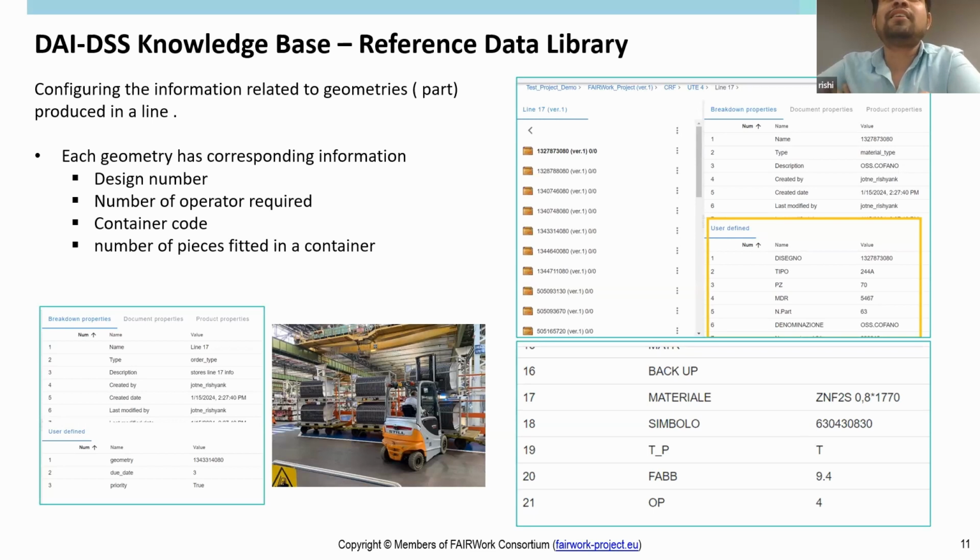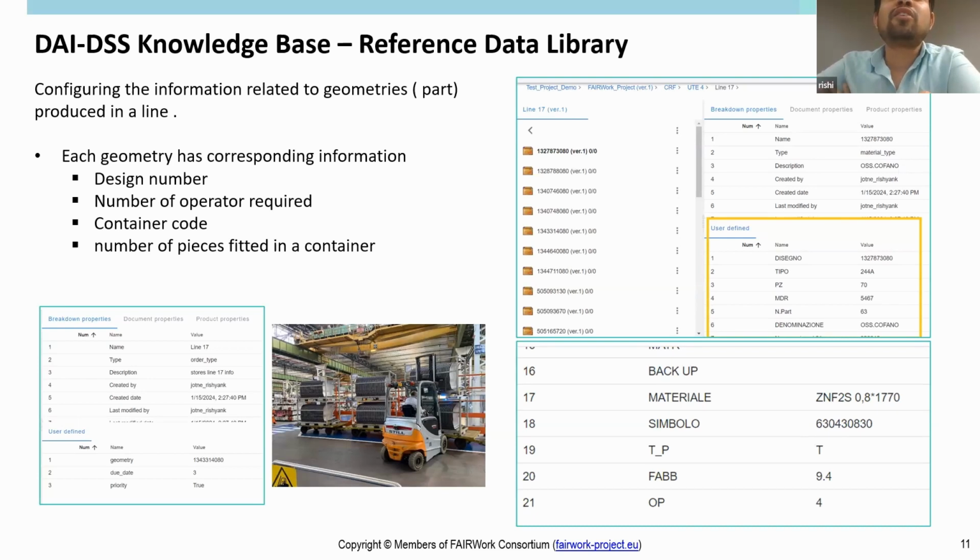And what we have done in this scenario is, on the right-hand side at the top, you can see line 17. In line 17, there are different folders. What we call them in the repository is breakdown elements, and each breakdown element has a breakdown element type. This type is what we are talking about as the data definitions, where we can create these properties like the material code, the required container code, and the number of pieces that it can carry.